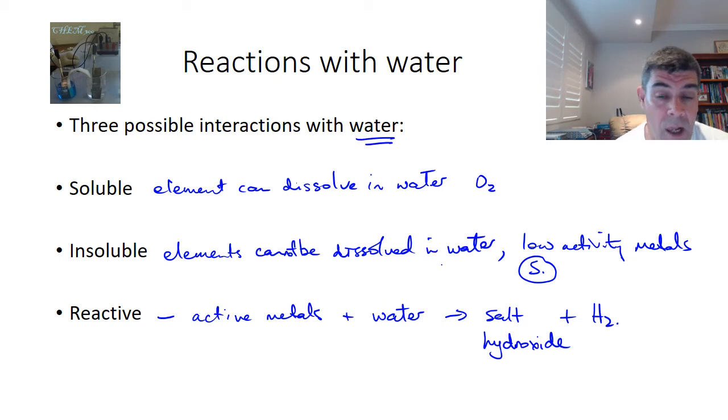Particularly the lower metals in group 1 will react with water in a very explosive manner and produce large amounts of hydrogen gas. So these three different interactions with water tell us something about the nature of each of these different substances.